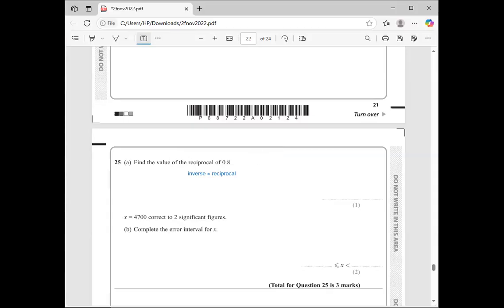So in this case, I have 0.08. Now, there are two ways you can do this. On your calculator, I'm sure you will see a button that has 1 over x. You can also do this with that button. 1 over x is the same thing as saying flip something, and in this case, that something was x.